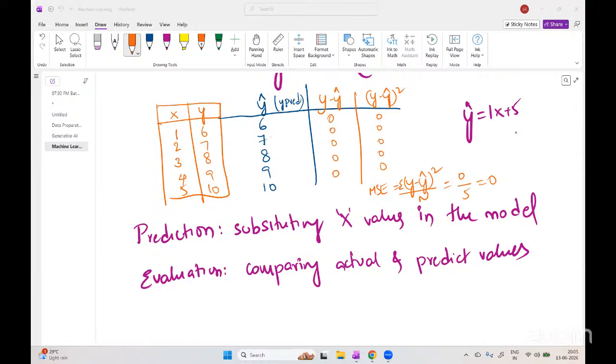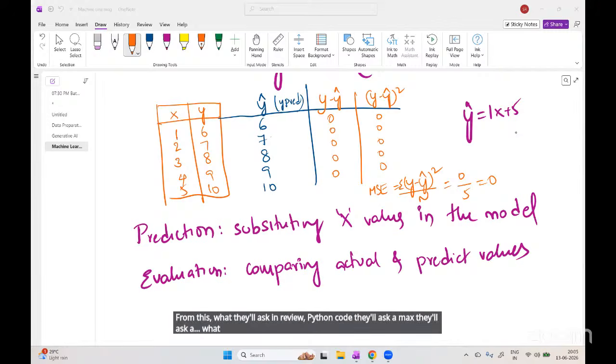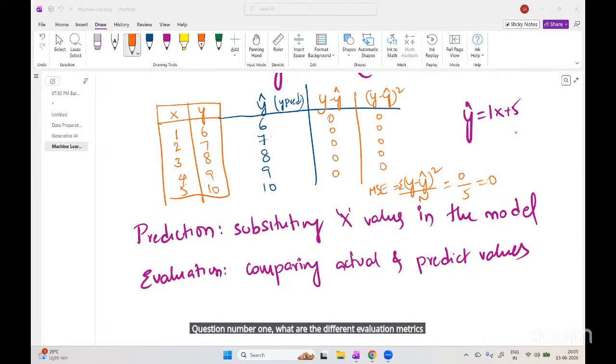Now, in the interview, what will they ask from this? Python code they'll ask, maths they'll ask. What are the interview questions from this? Question number 1: what are the different evaluation metrics of regression? You are going to say MSE, RMSE, absolute error, everything.